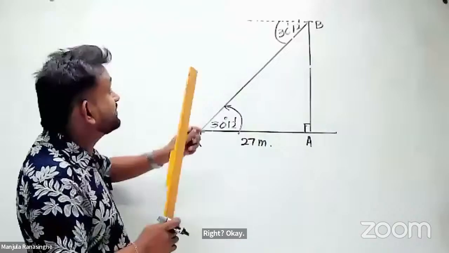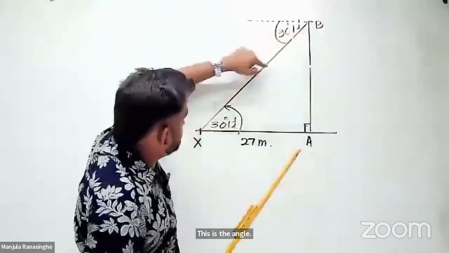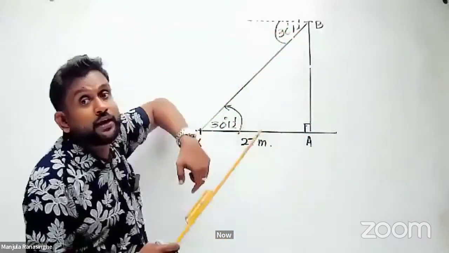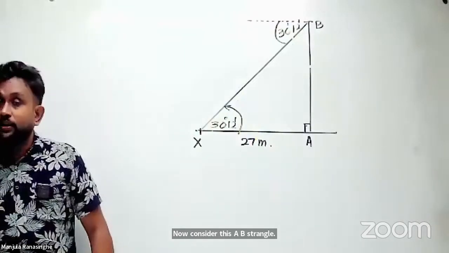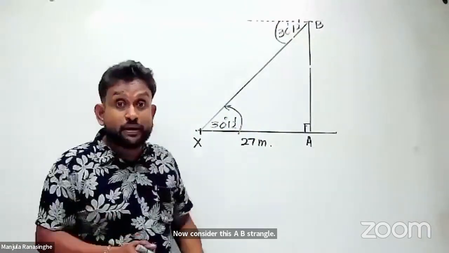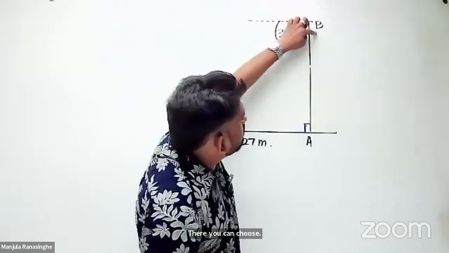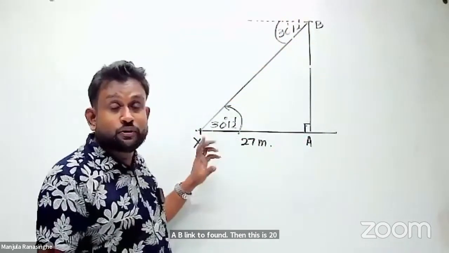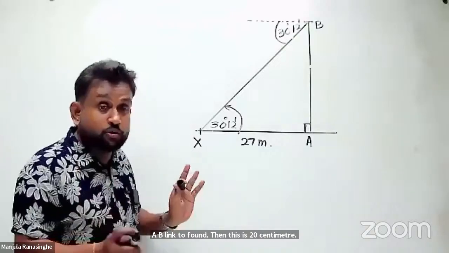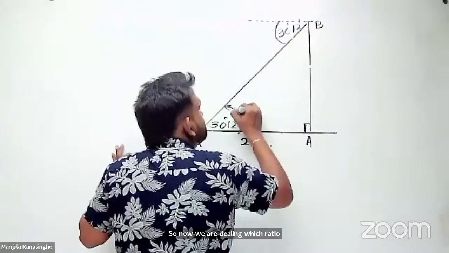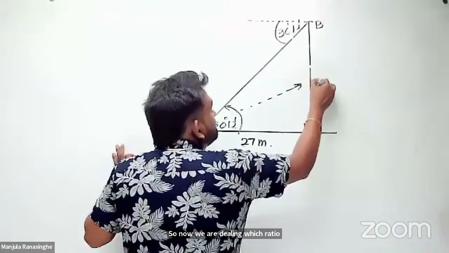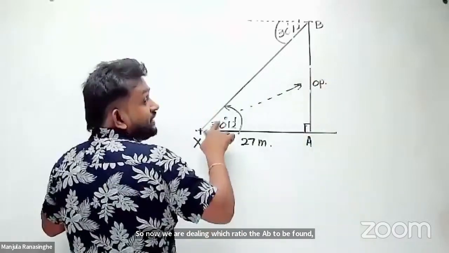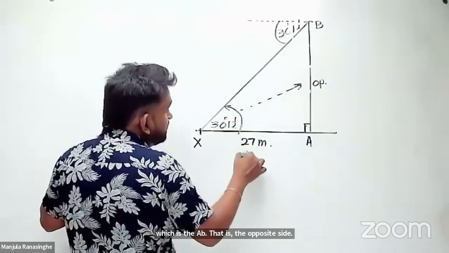Now consider this triangle ABX. We have to find the AB length. Now which ratio are we dealing with? Check which is the AB side: that is the opposite side to the known angle, and this is the adjacent side.